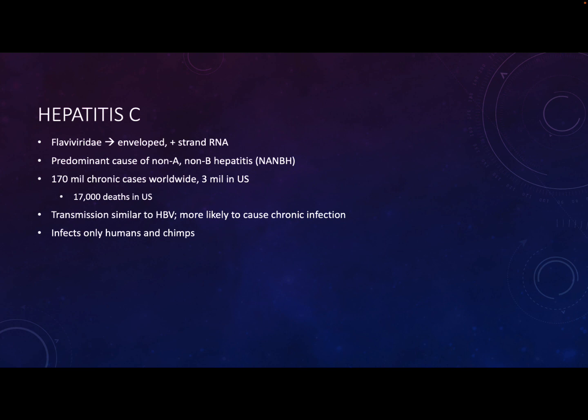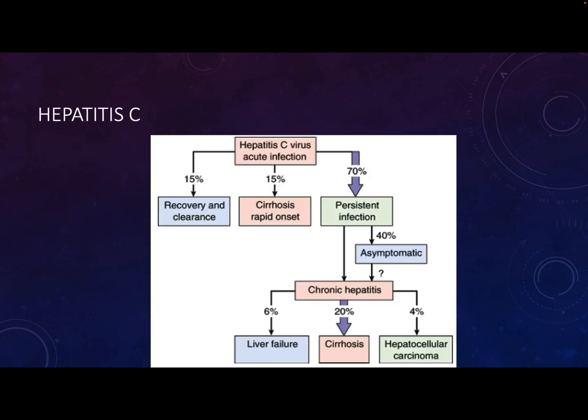It infects only humans and chimpanzees, so it has a limited host range. Unlike hepatitis B, 70% of patients with hepatitis C will develop a chronic persistent infection. Only about 15% will recover and clear the infection on their own, and 15% will develop rapid onset cirrhosis and liver destruction.